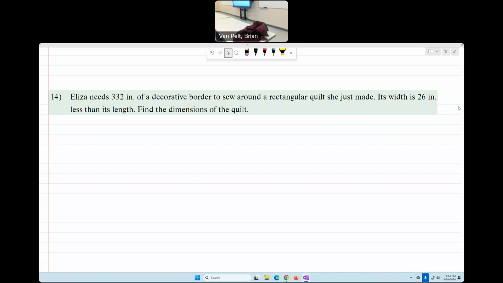And what's this then? That's 26, because the width is 26. Oh, 26 less, okay, that's right. That's not correct, and one of the sides is not 26 inches. I get what I messed up.